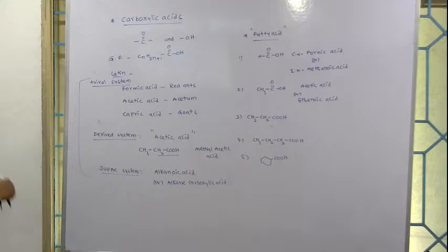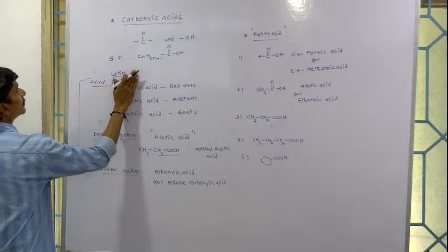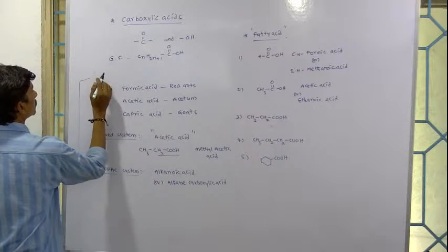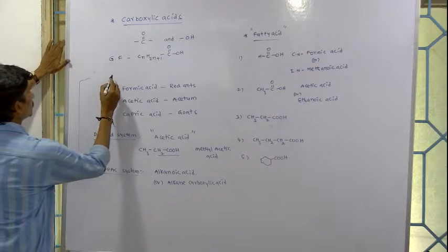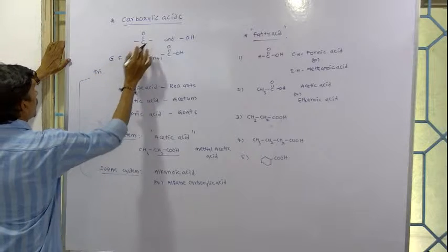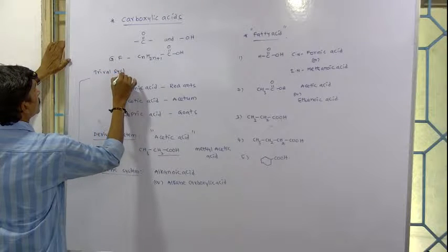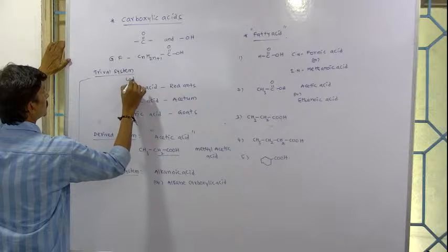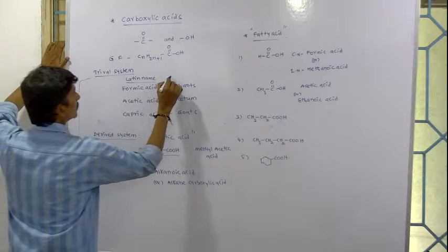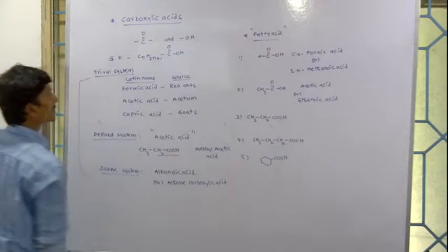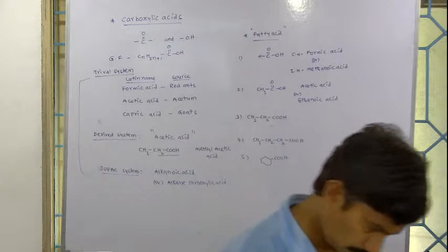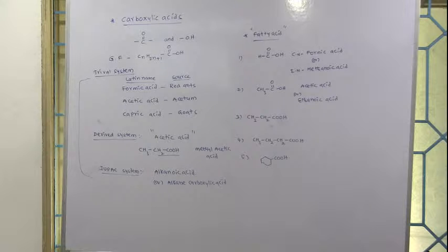Okay, so put a heading of carboxylic acid, then write down. Compounds containing carbonyl group and hydroxy function group are called carboxylic acids.